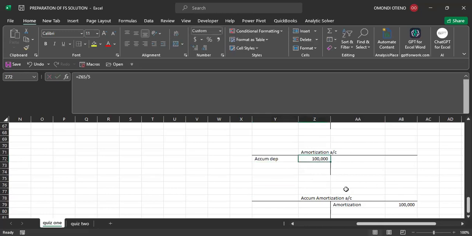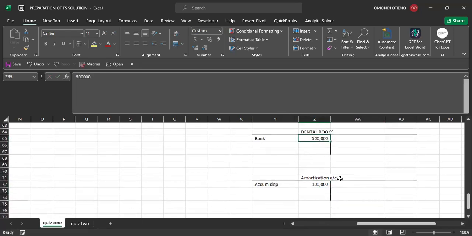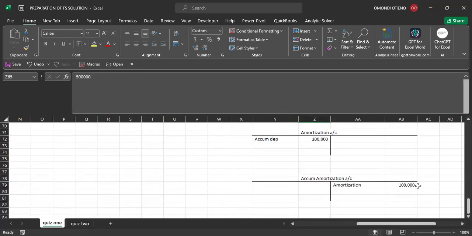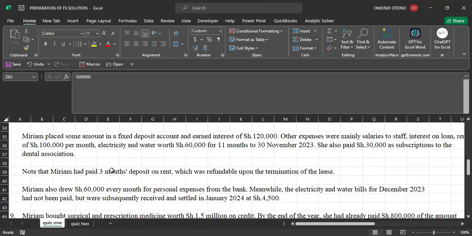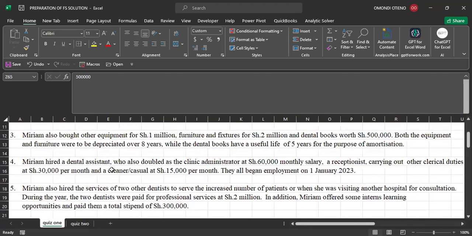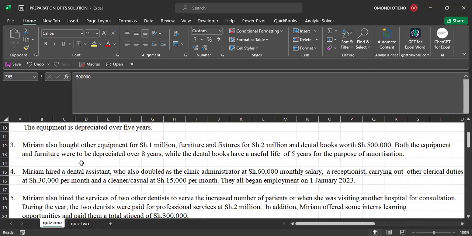If I want to get the net book value of dental books, it is the cost minus accumulated depreciation at the end of the year. So that's how we deal with additional information number 3.